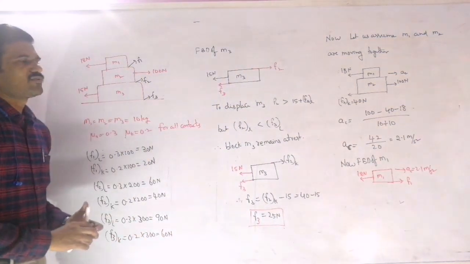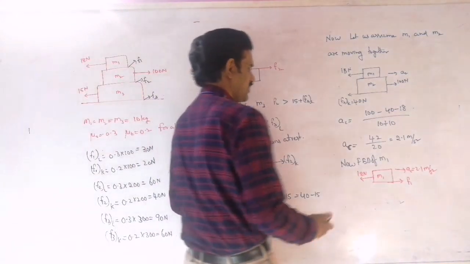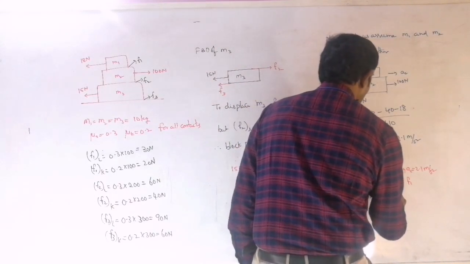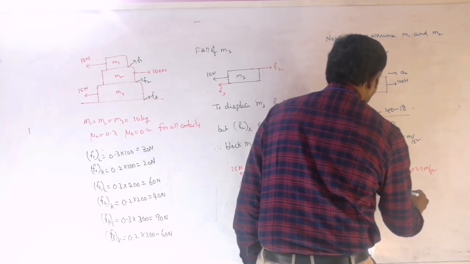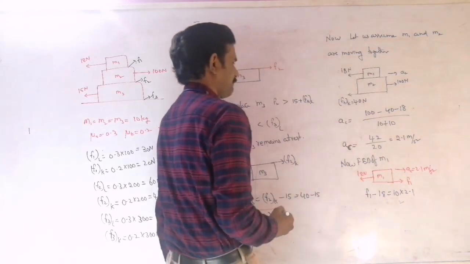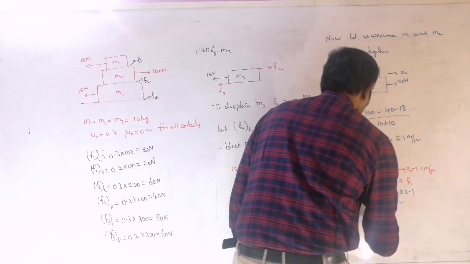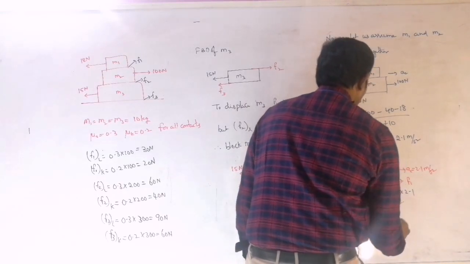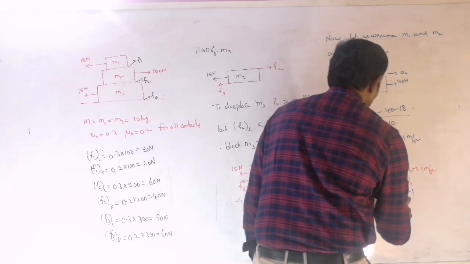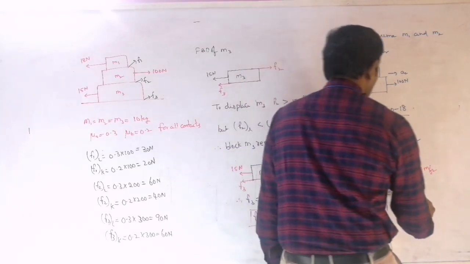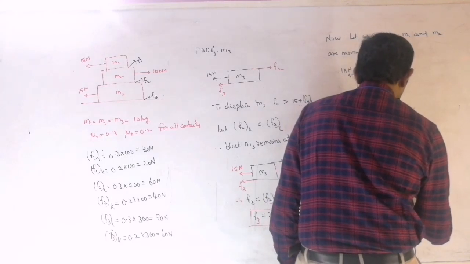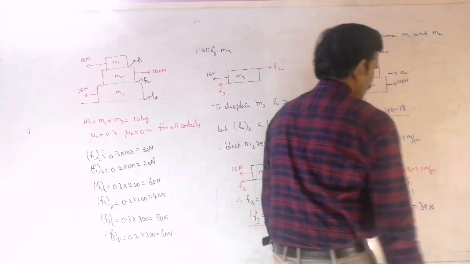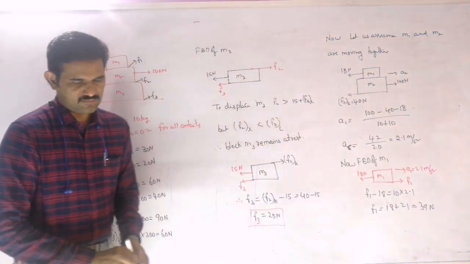Now write the force equation: F1 minus 18 is equal to 10 into 2.1, so F1 is 18 plus 21, which is 39 newtons, right?